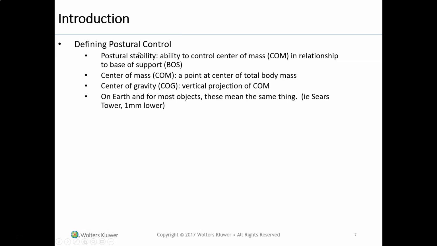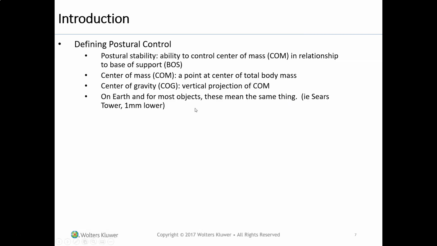Now, defining postural control again, postural stability is the ability to control your center of mass in relationship to your base of support. Center of mass is a point at the center of total body mass. Your center of gravity is the vertical projection of your center of mass. So on Earth, and for most objects, this means the same thing. Okay.